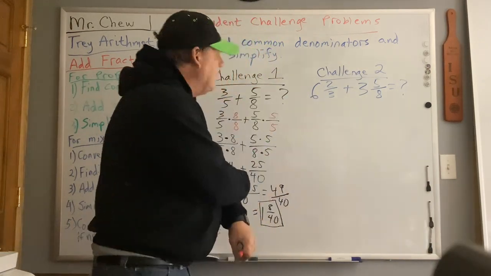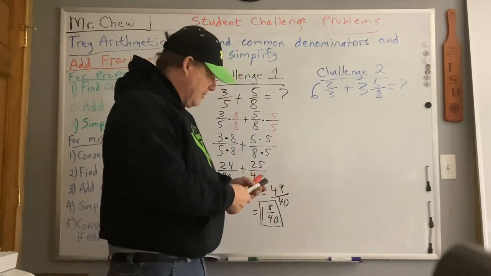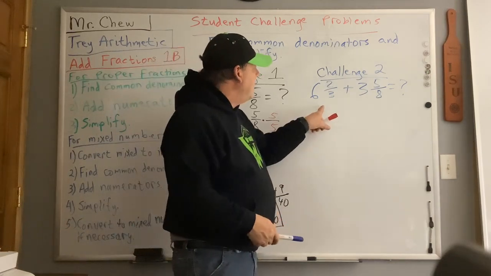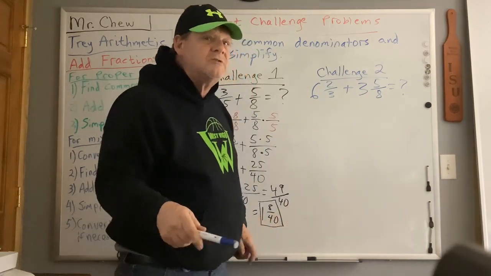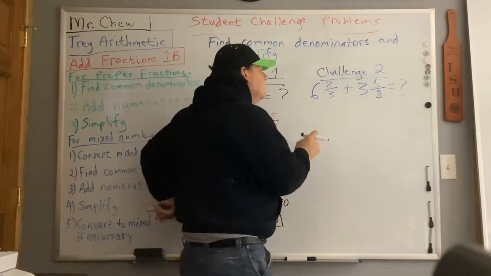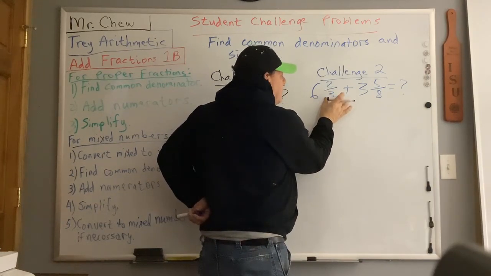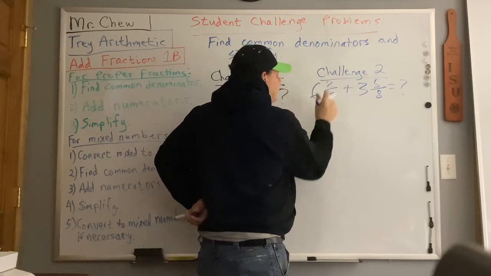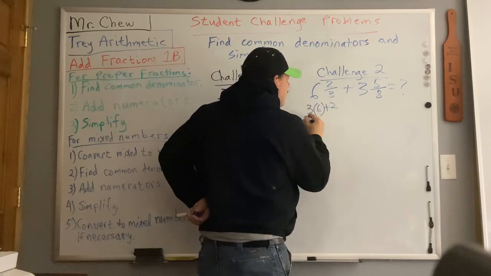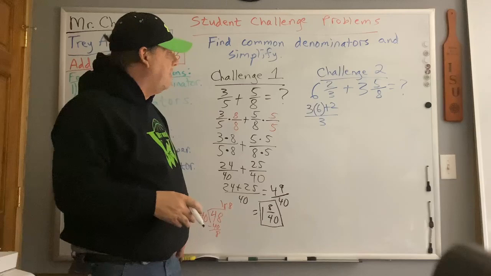So in challenge 2, we have two mixed numbers, 6 2/3 plus 3 5/8. So to convert my mixed numbers into improper fractions, because they either have to be proper or improper fractions in order to use these rules, I multiply the denominator times the whole number plus the numerator. So 3 times 6 plus 2 over 3. And that's going to give me the same number as how we undid this down here.